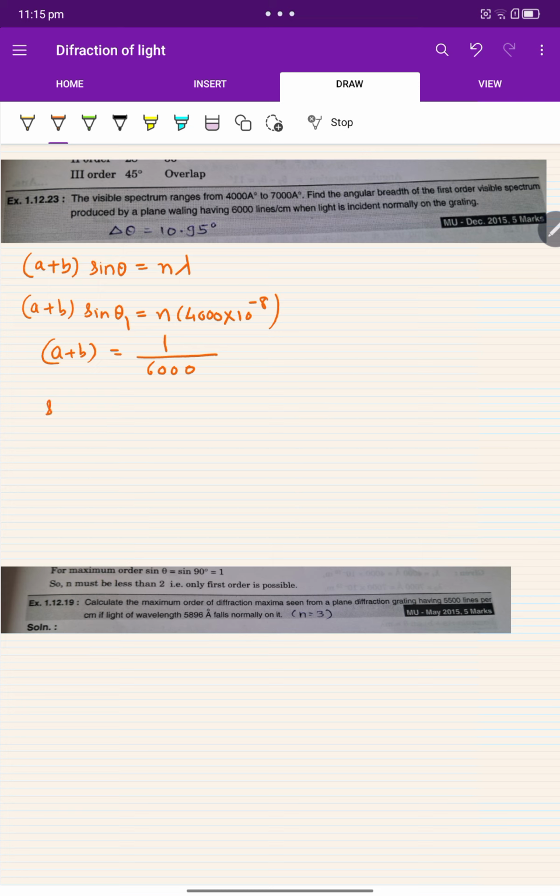Therefore sine theta 1 is equal to 4000 into 10 to power minus 8 divided by 0.166 into 10 to power minus 3.